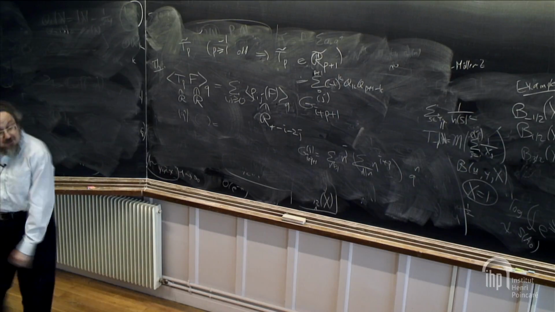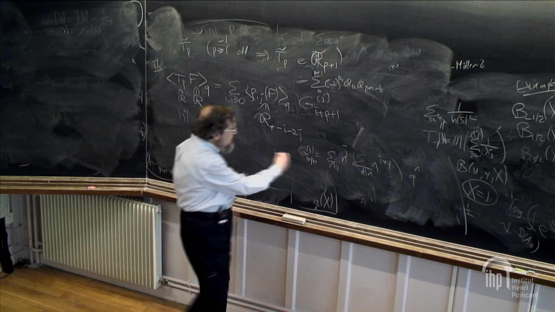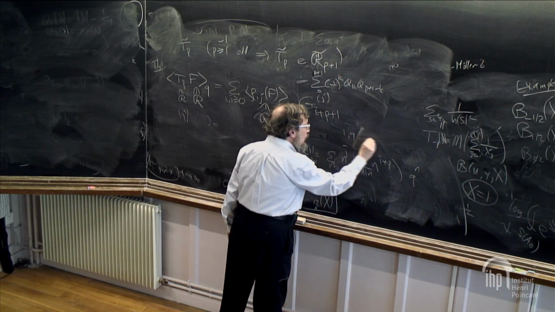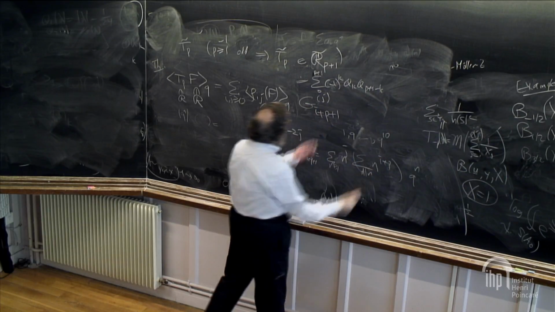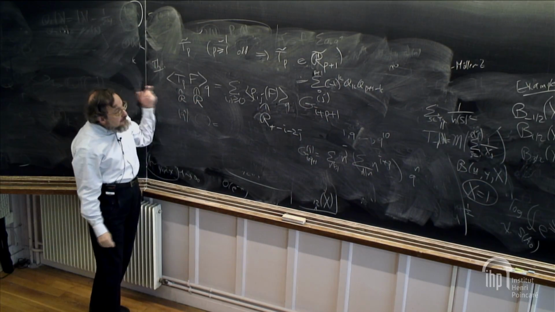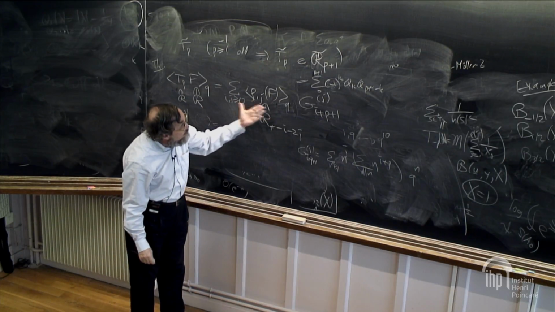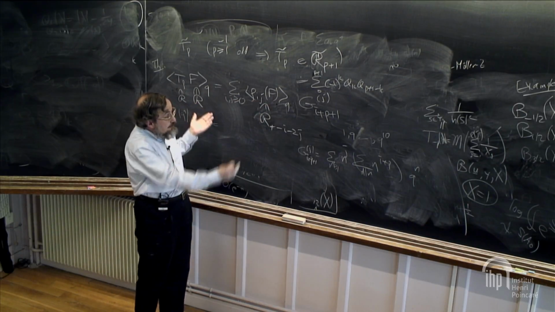So we know the dependence on n. For a given n, if I'm only interested in q up to q to the 10th, then if I look at the coefficient of q to the 10th in this thing, I only need the coefficient from 1 up to q to the 10th in these. That's a finite list.